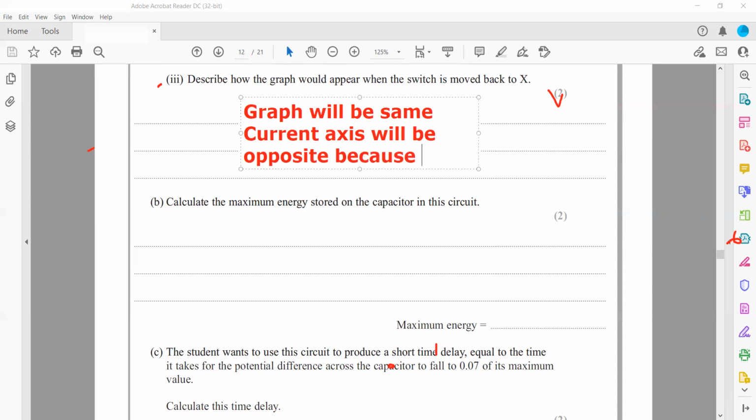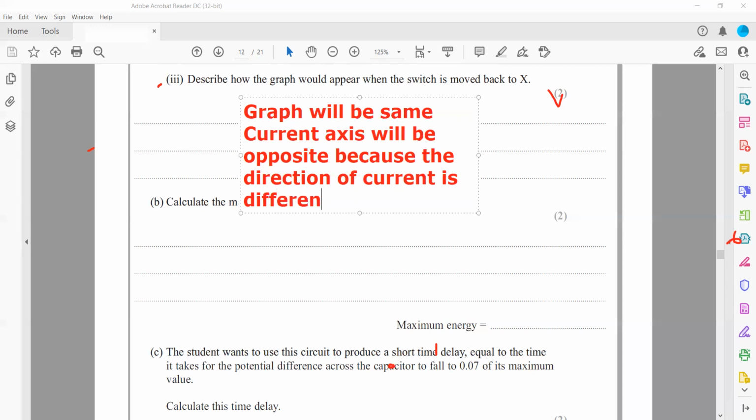because the direction of the current is different for charging and discharging. If we call one current positive, the other current will be negative.